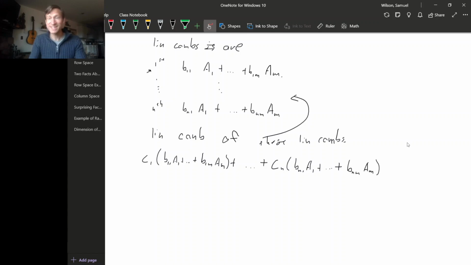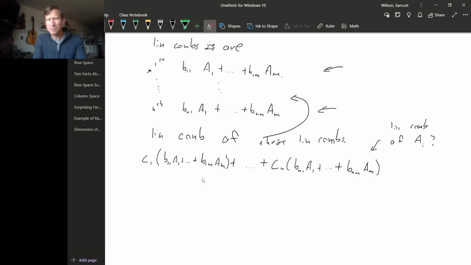Okay, so our question is, is this a linear combination of the A's? We know it's a linear combination of these linear combinations, but is it a linear combination of the A's?